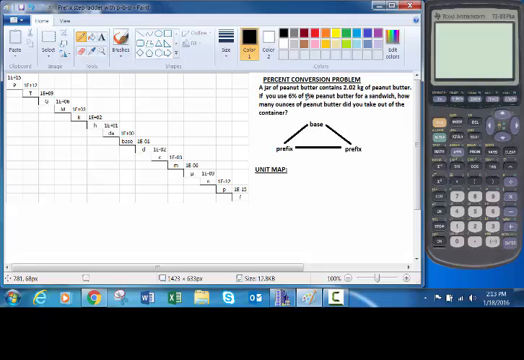Let's make a unit map in order to determine how to complete this problem. So the information that's given to us is kilograms. So that is the first unit that we are going to include in our unit map.